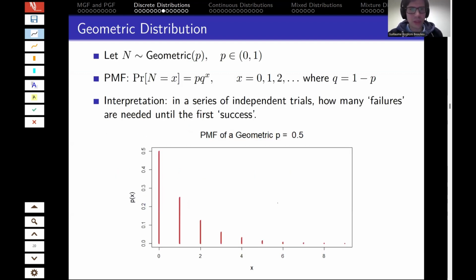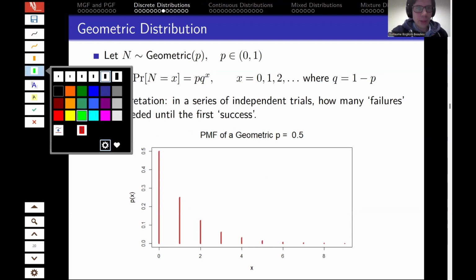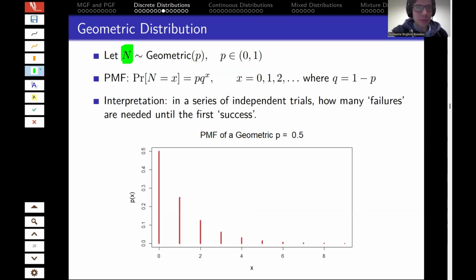Now we review the geometric distribution. If N is geometric, it only has one parameter, which again we call little p, which you can see as a probability.